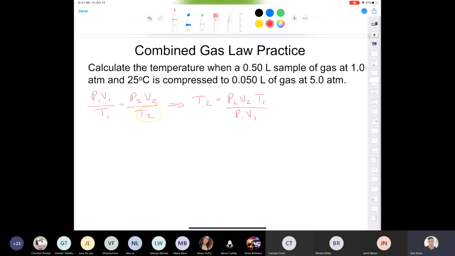What are the variables that we've been given? We know that our initial volume, V1, is equal to 0.50 liters. Our P1 is 1.0 atmospheres, and our T1 is 25 degrees Celsius, which is equal to 298 Kelvin. The final pressure, P2, is 5.0 atmospheres, and the final volume, V2, is equal to 0.50 liters.